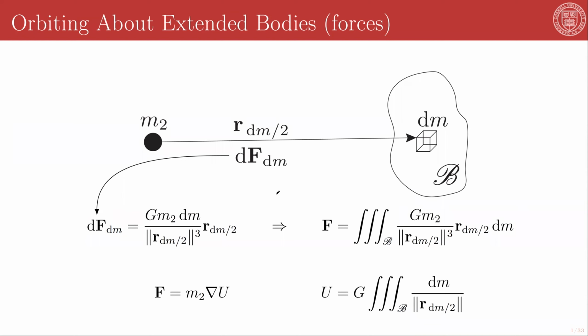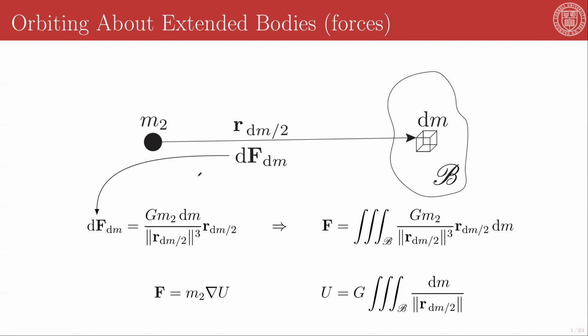Here we have our two-body system where M2, our smaller orbiting mass, is still treated as a point mass, but M1 is now replaced with an arbitrary body, which we will call script B. Newton's law of gravity can be applied equivalently to every infinitesimal mass element, dm, comprising this distributed mass, B. This differential mass element has a force dF_dm on M2, and this can be written by applying Newton's law of gravity as G times the product of M2 with that differential mass element divided by the separation distance between them cubed, in the direction of the separation distance.